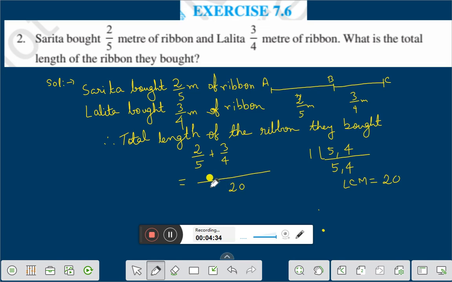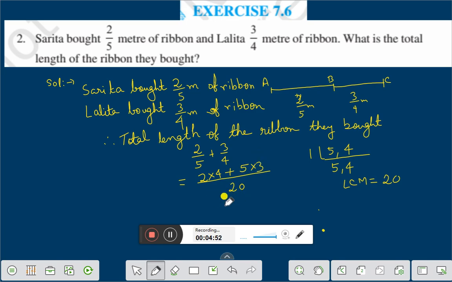If we divide 20 by 5, it is 4. Therefore, 2 into 4, plus if we divide 20 by 4, it will be 5. That is 5 into 3.